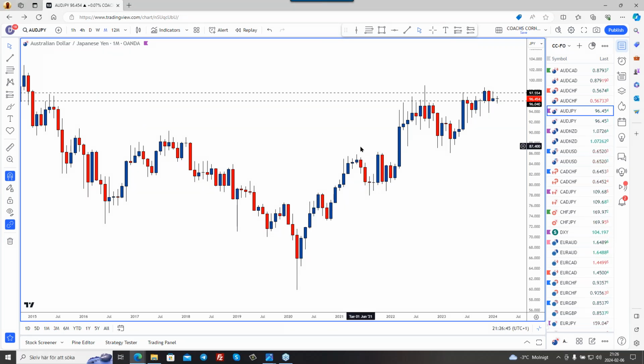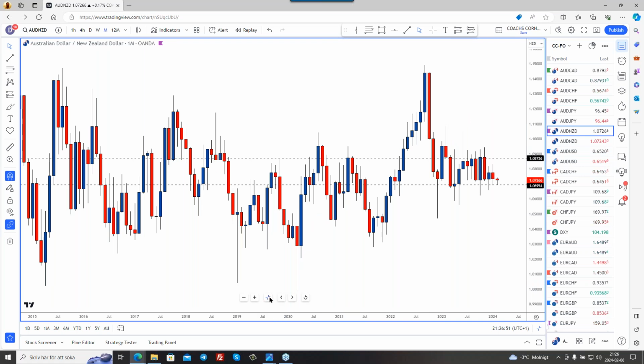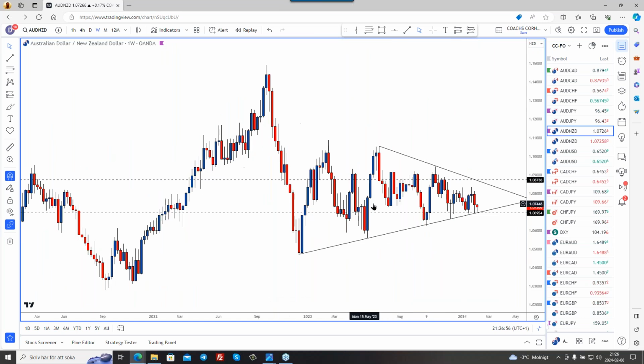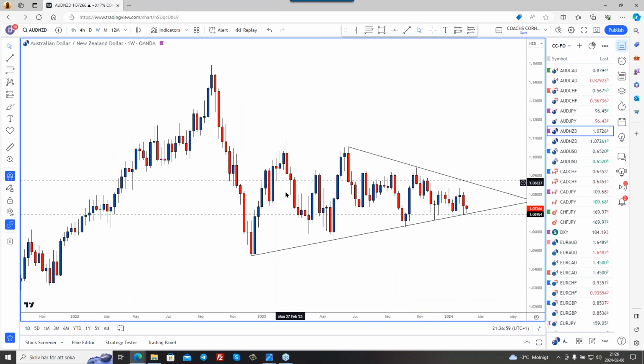Let's just show you a ranging market. Aussie Kiwi right now is ranging. Okay, and that's where you should not be trading, because if you look at this, can you distinguish a clean correction and continuation?